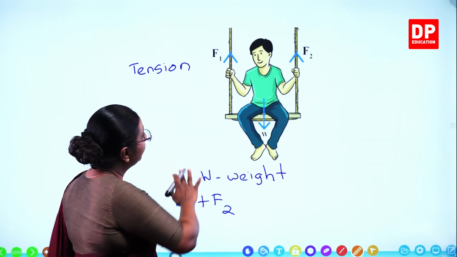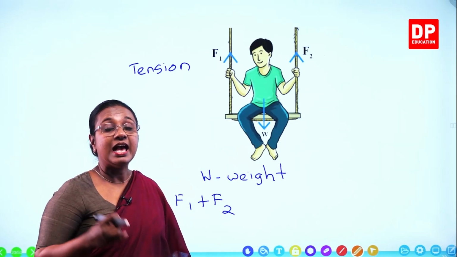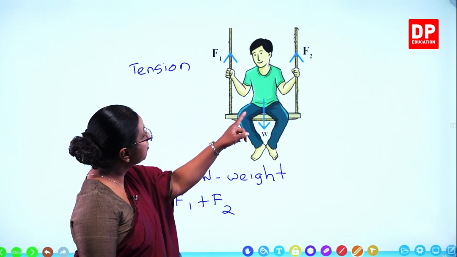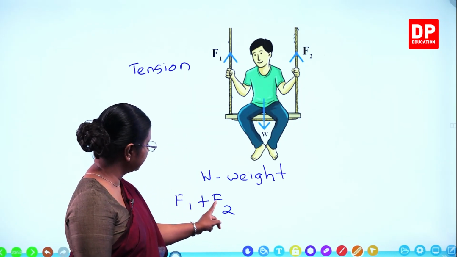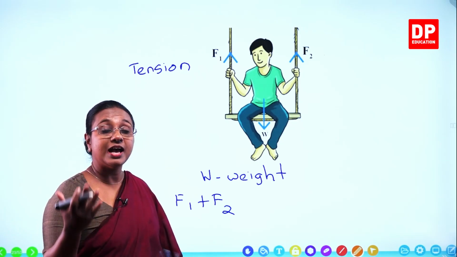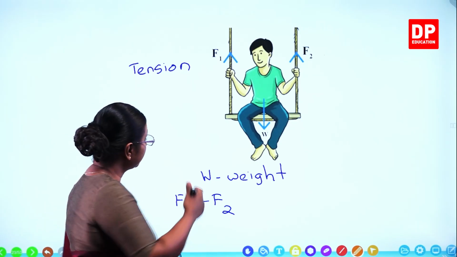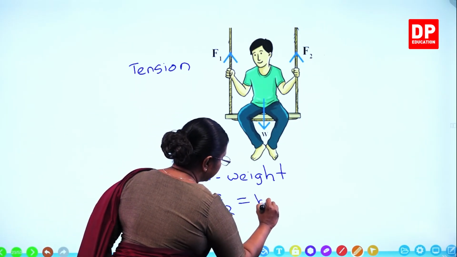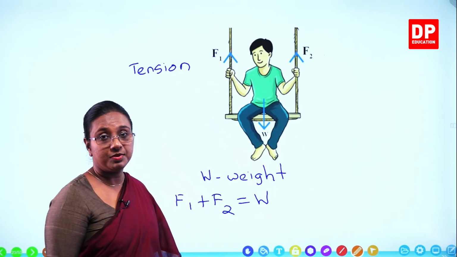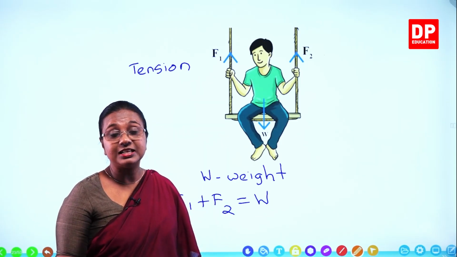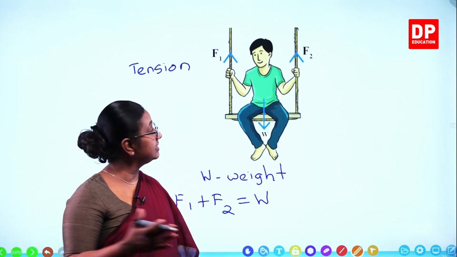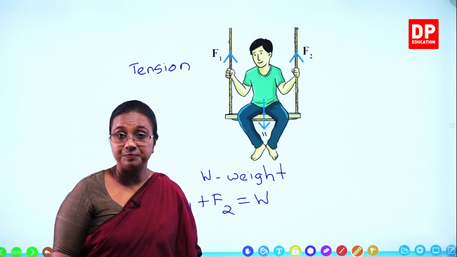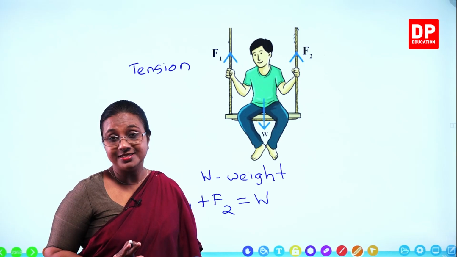They are all coplanar, they are all on the same plane. And the third condition, the sum of the two forces, here we take F1 and F2, why? They are the ones acting in the same direction. They should be equal to the third force, that is W. So then the resultant will be 0 and the system will be in equilibrium. I am sure you all can understand that.